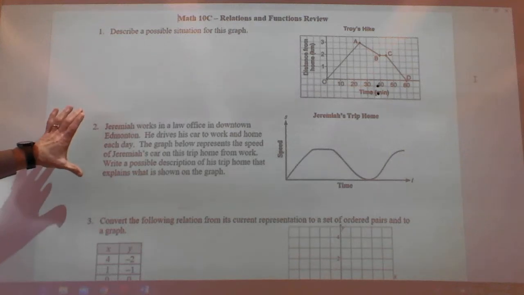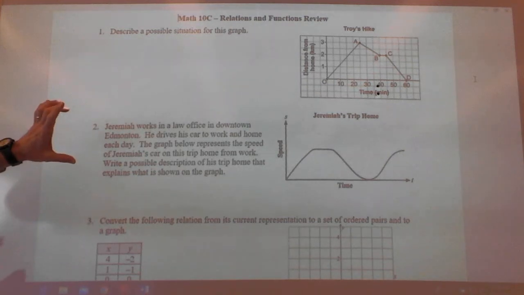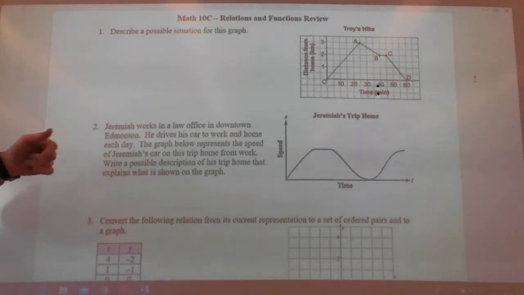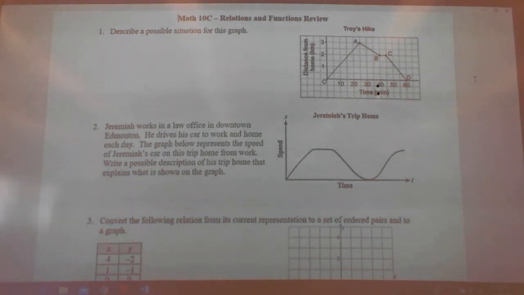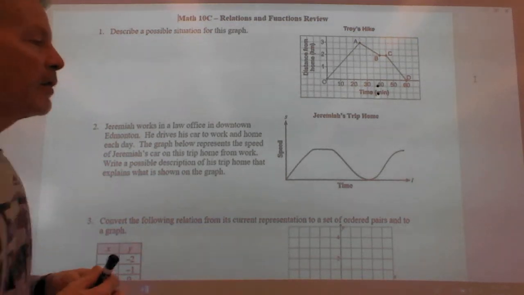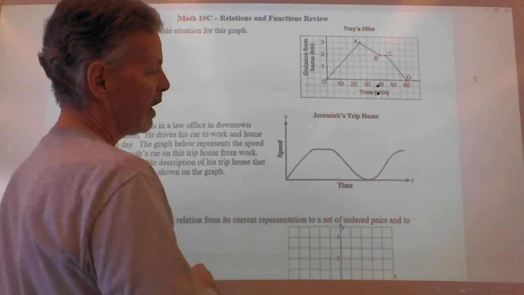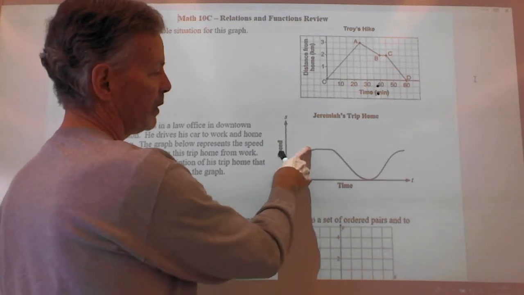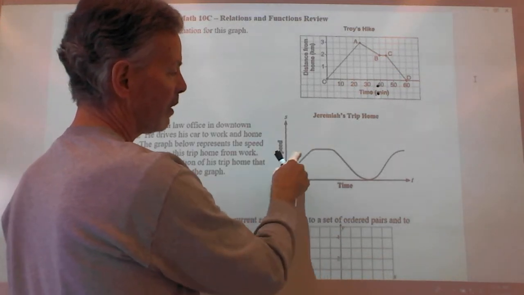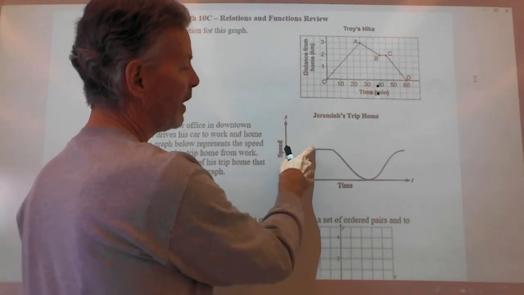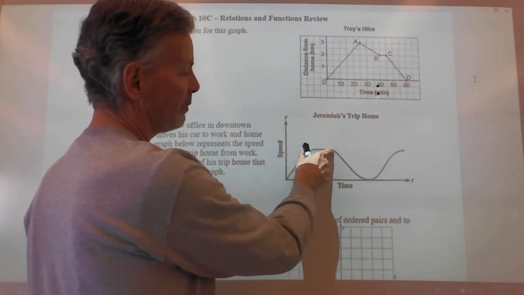Okay? Here's another one. And again, just asking for a possible description of the trip home. Okay? So this time you have speed and time. He speeds up. He stops for a while, he speeds up and he maintains a constant speed, right?